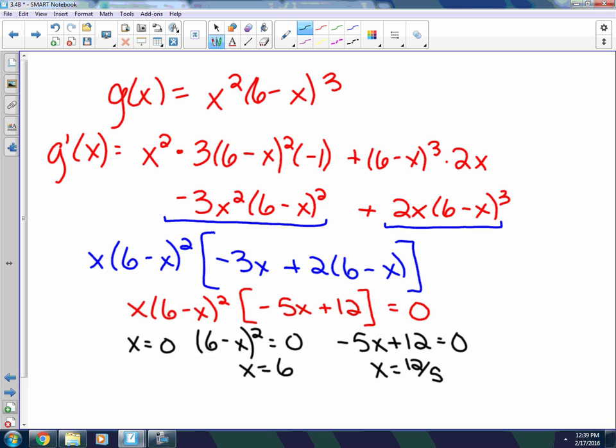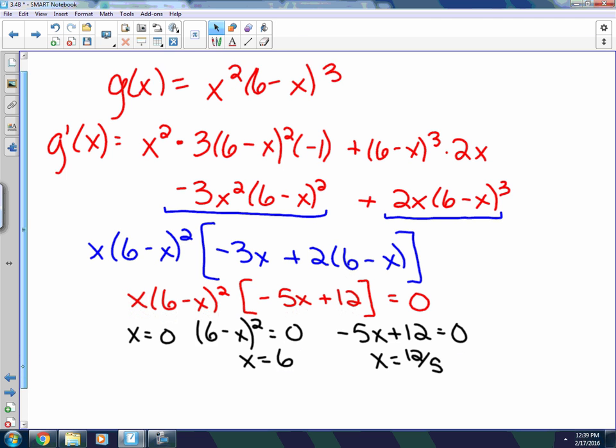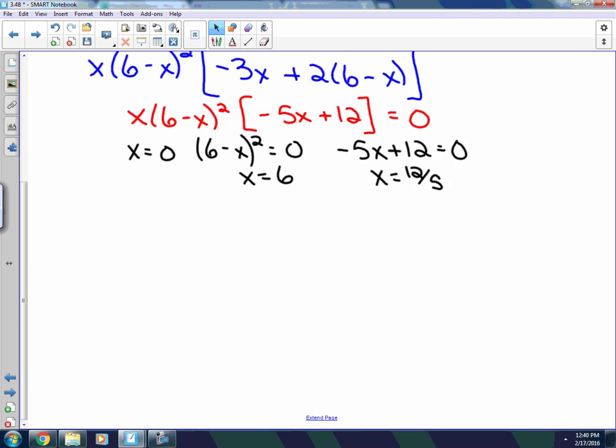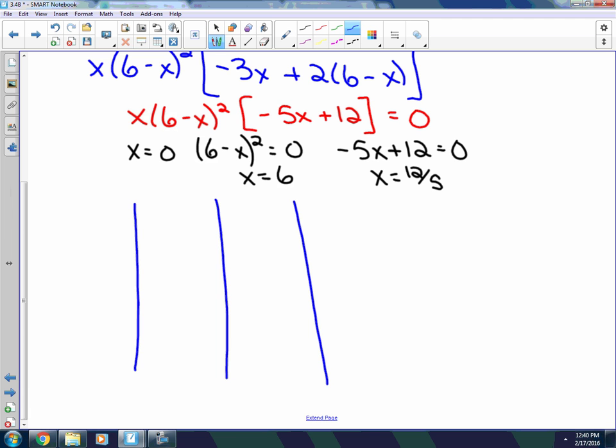Now, we've got all this math going on. Do you remember what we need to do next? We're going to do our chart. Okay, so in our chart, we're going to have 3 critical numbers.